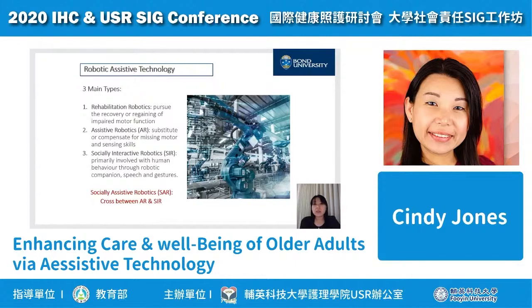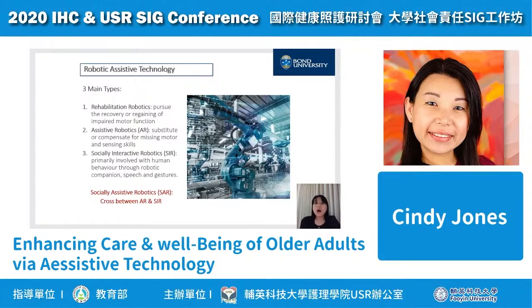The second type, assistive robotics, AR, is intended to substitute or compensate for any missing motor or sensing skills. While socially interactive robotics, SIR, are primarily involved with human behavior through robotic companionship, speech, and gestures.